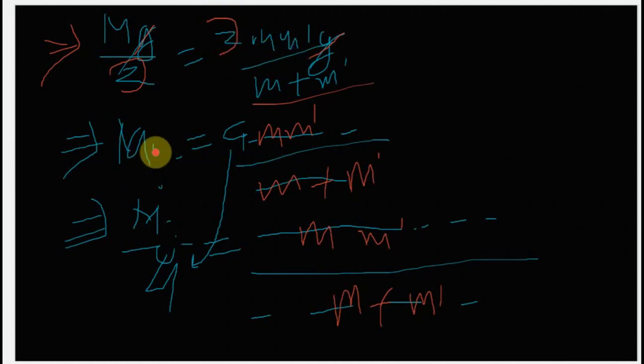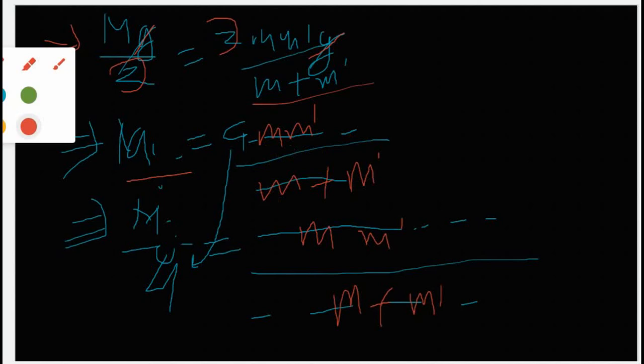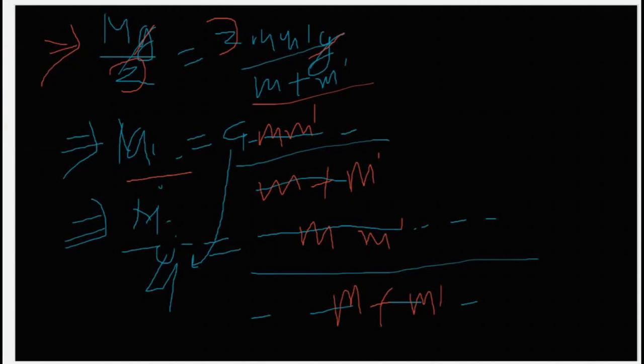So M is equal to 4 m into m prime upon m plus m prime.